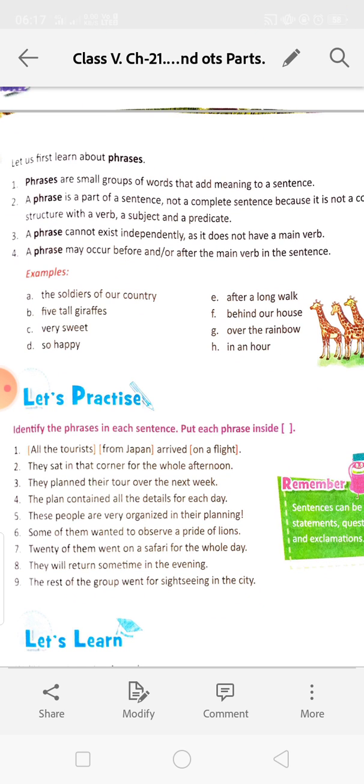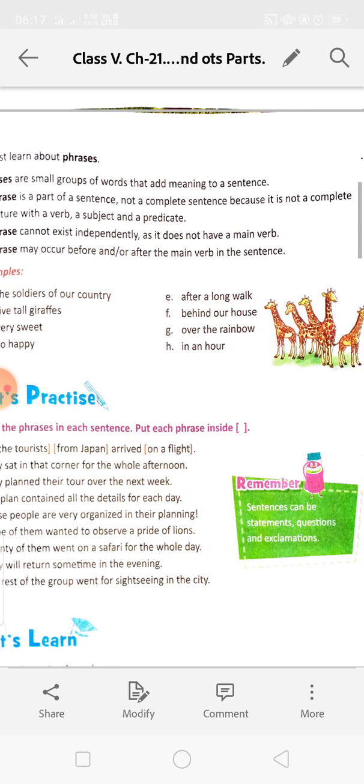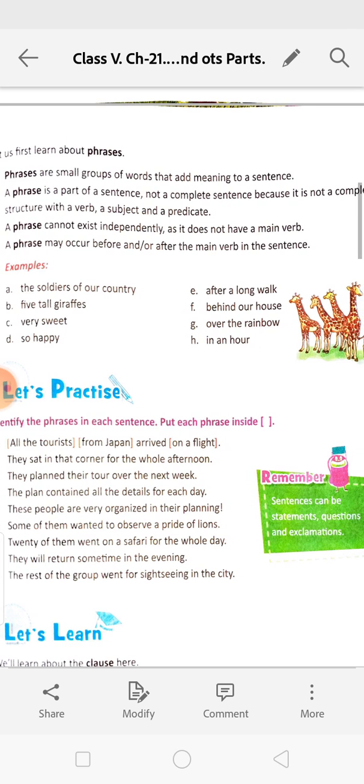A phrase is a part of a sentence, not a complete sentence, because it is not a complete structure with a verb, a subject and a predicate. So a phrase will be a part of the sentence, and it will give a meaning, but not the full meaning, because there is no subject and predicate, and it is not arranged according to the structure.